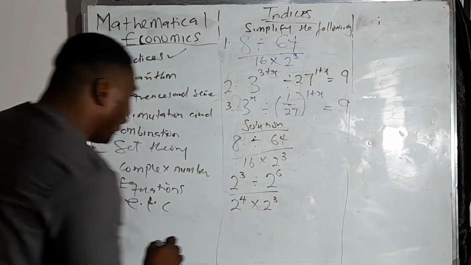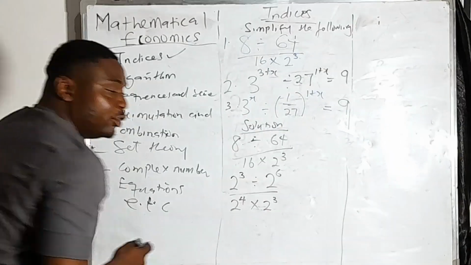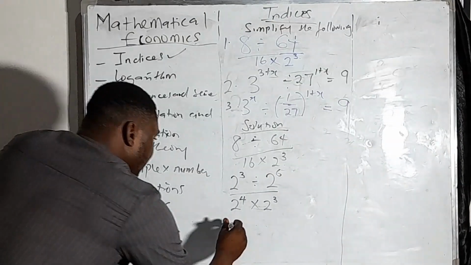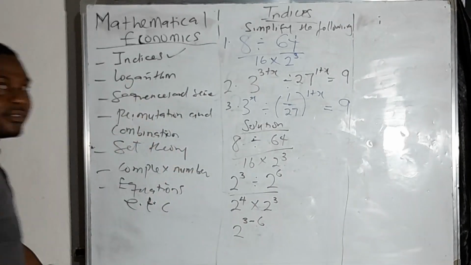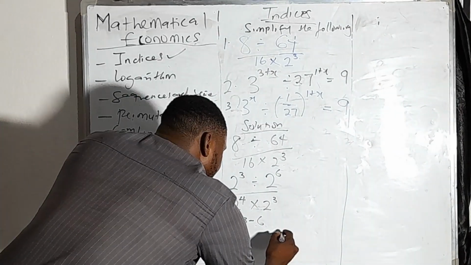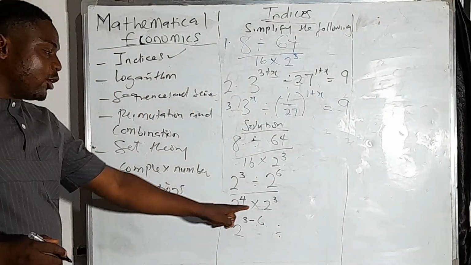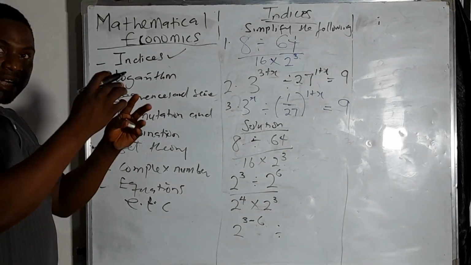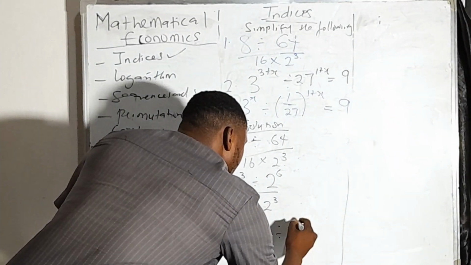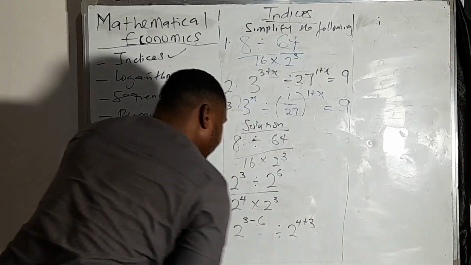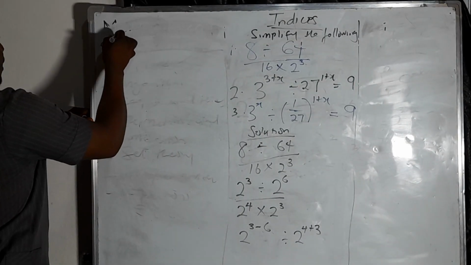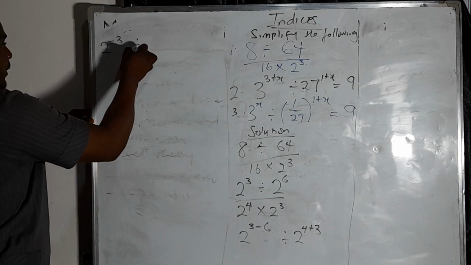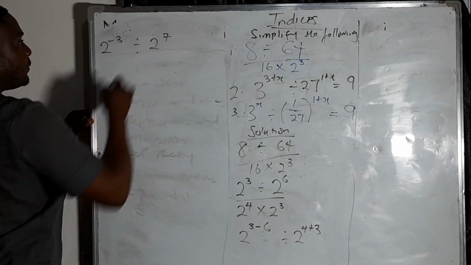Now let's apply the law. For the numerator we have the division law, and now we have 2 raised to the power 3 minus 6, divided by, at the denominator, a multiplication law, that's addition, 2 raised to the power 4 plus 3. So 2 raised to the power minus 3 divided by 2 raised to the power 7.